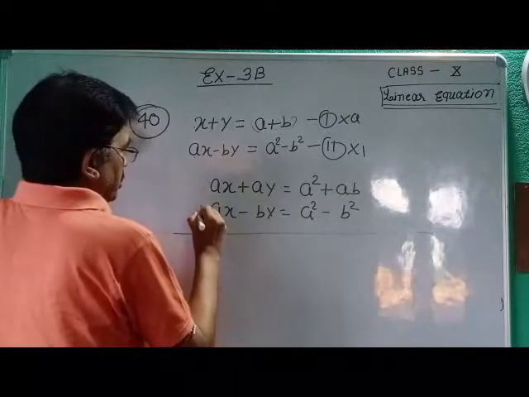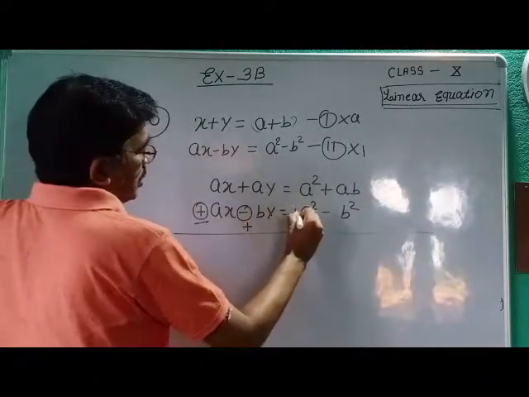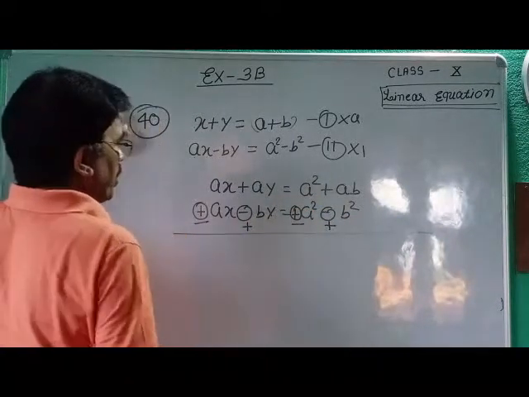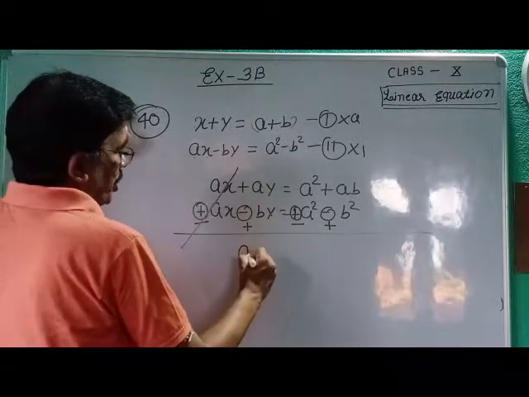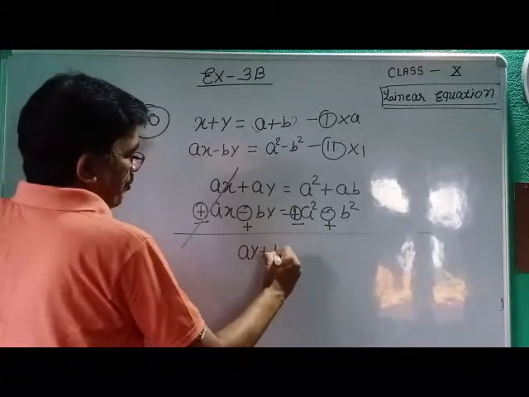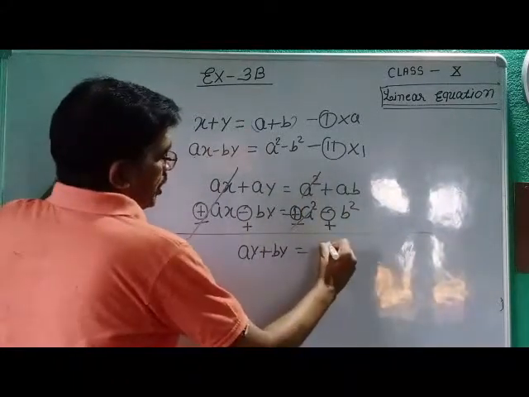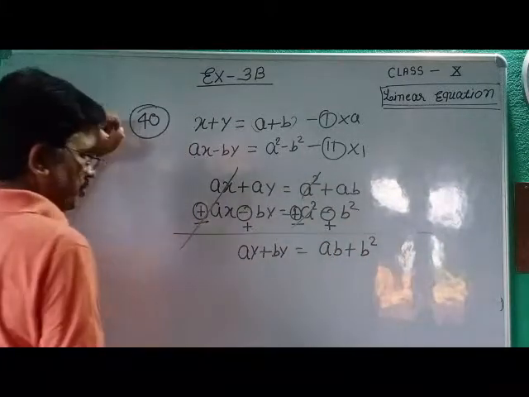Here is plus, then we get minus, here is minus, then we get plus. This ax is cancelled. What do you get here? You get ay plus by. It is cancelled also. What do you get here? Here you get ab plus b square.